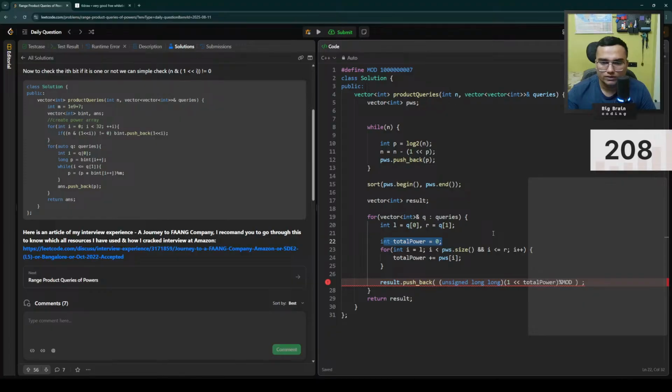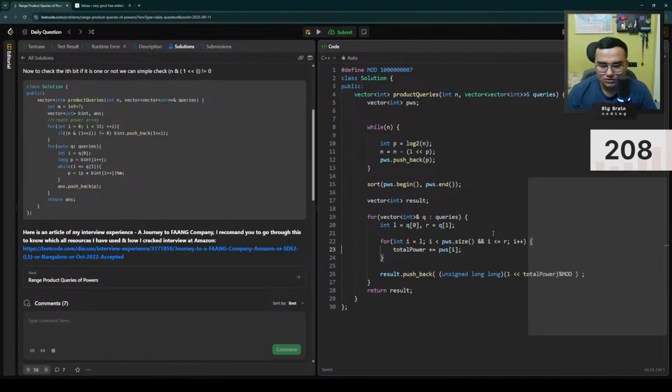Okay, so instead of doing this, I should simply int p equals 1 multiplied powers of i mod p.